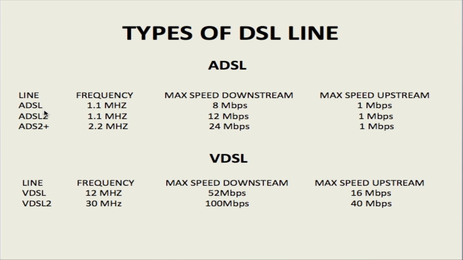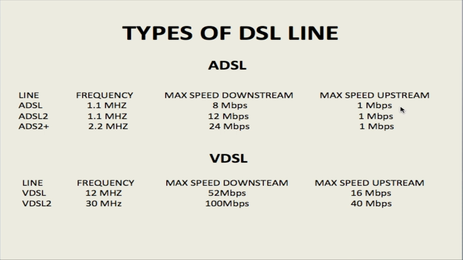Both ADSL and ADSL2 have the same frequency of 1.1 megahertz, but the download speed is different: 8 megabits per second for ADSL and 12 megabits per second for ADSL2. The reason for this difference in speed is because of better error correction and coding techniques for ADSL2 versus ADSL.